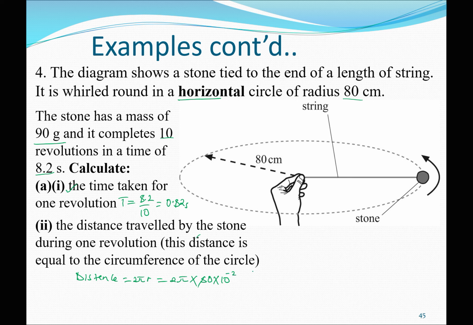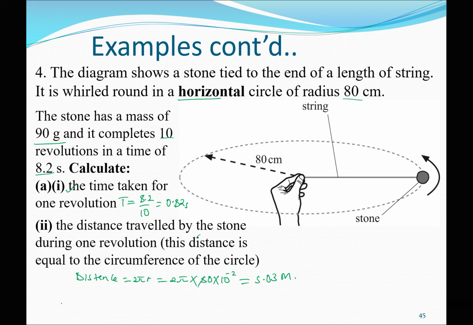Let me press my calculator: 2 pi times 80 exponent minus 2. So this is 5.03 meters. So that is the distance.